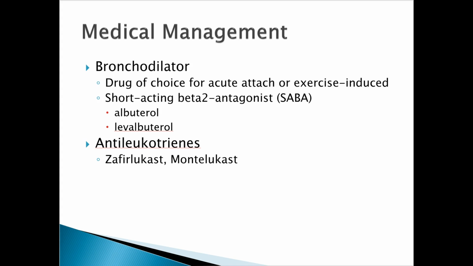So you're going to have a bronchodilator. This is the drug of choice for an acute asthma attack or exercise-induced asthma. You've got your short-acting ones like albuterol and levalbuterol. And then you've got your anti-leukotrienes like Montelukast.